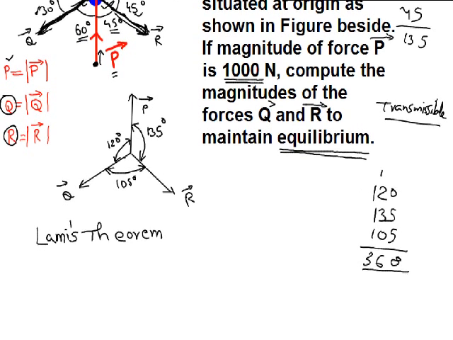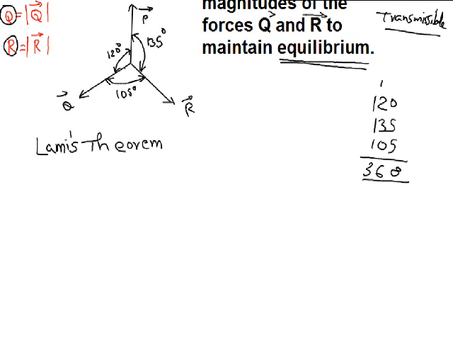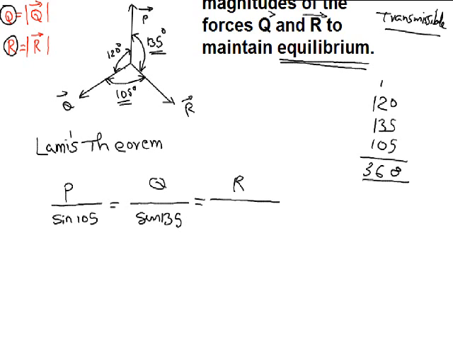To say that P by sine 105 is equal to Q by sine 135 is equal to R by sine 120 degrees.